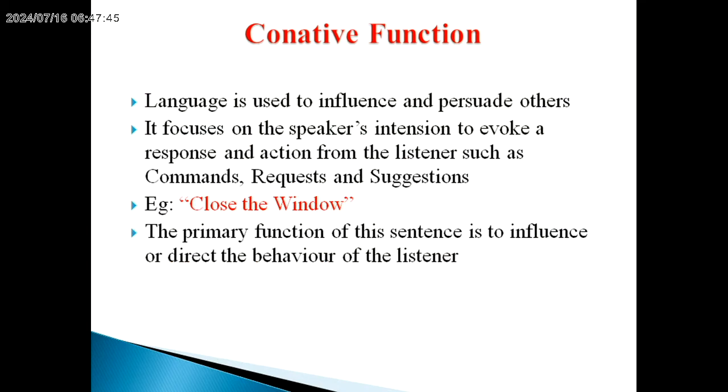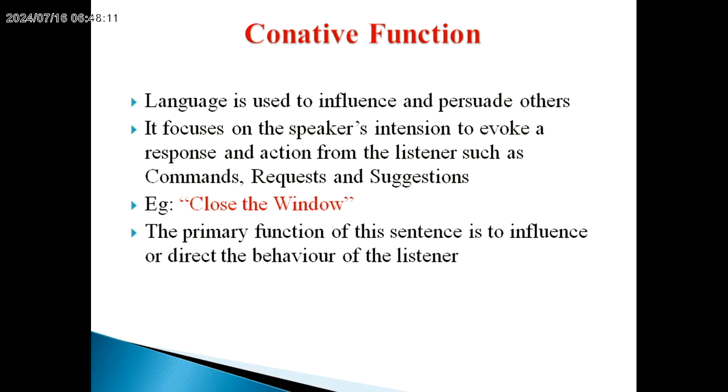And the next is the conative function. Language is used to influence and persuade others. Through the conative function, what Jakobson is telling us is that we use language to influence or persuade others. It focuses on the speaker's intention to evoke a response or action from the listener, such as commands, requests, and suggestions.